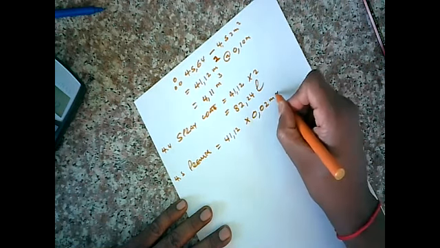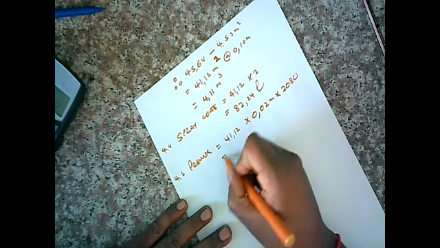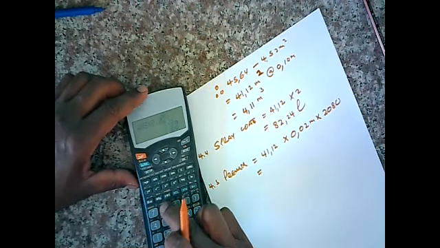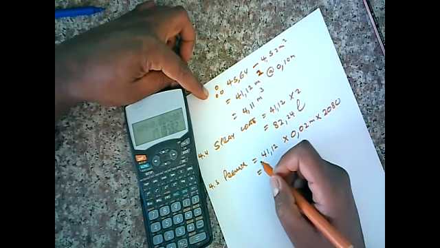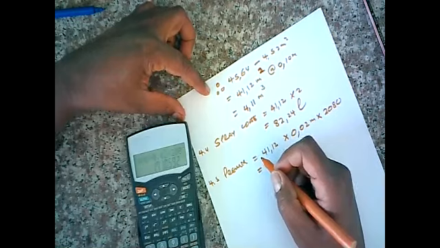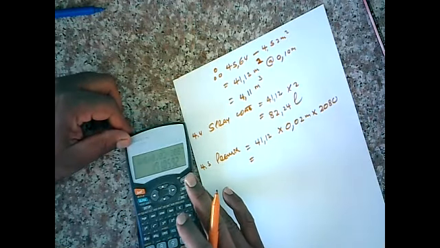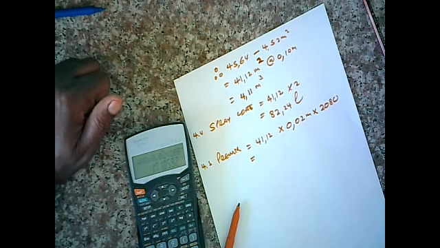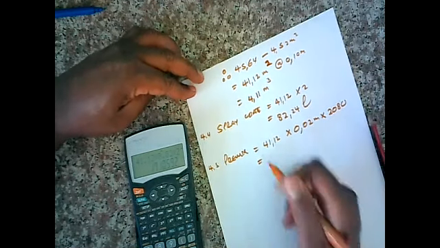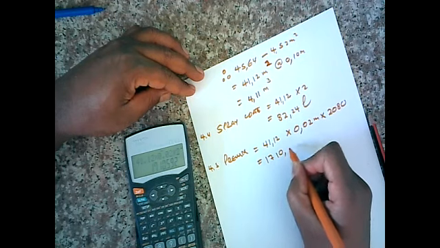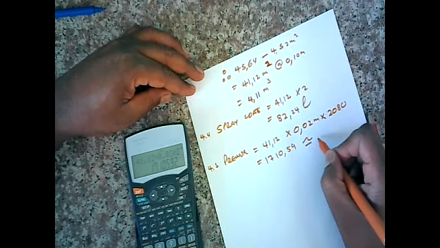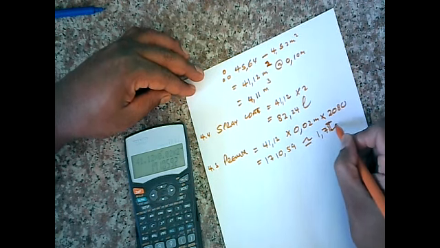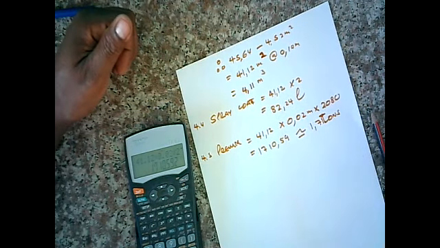All right, times density, as I mentioned earlier, times 0.02 times 2080, and we're getting a volume of 1710.59, which is equivalent to what? 1.71 tons. 1.71 tons.